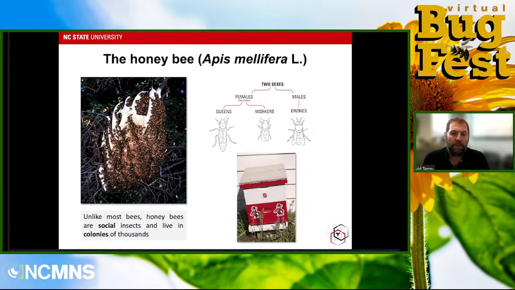So when we just kind of lump all bees together, we're doing them a disservice in not recognizing their diversity and in the way that they live. So honeybees are actually not representative of most bees because most bees are solitary living rather than living in colonies.